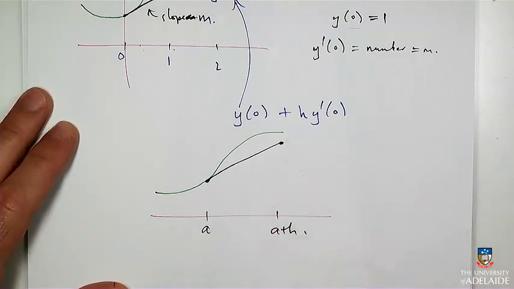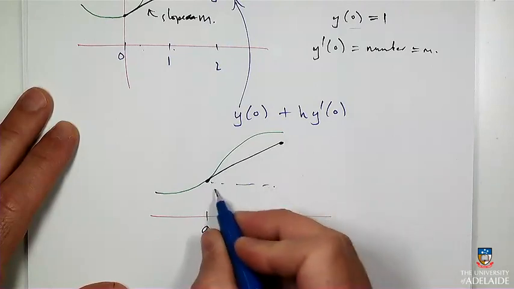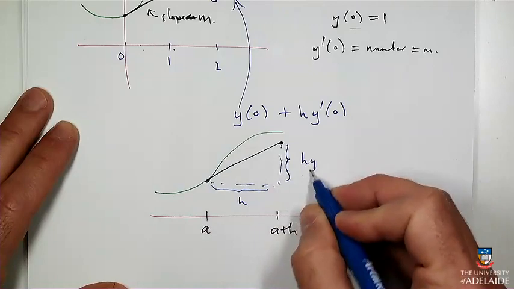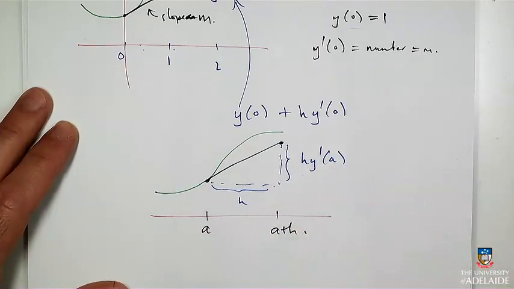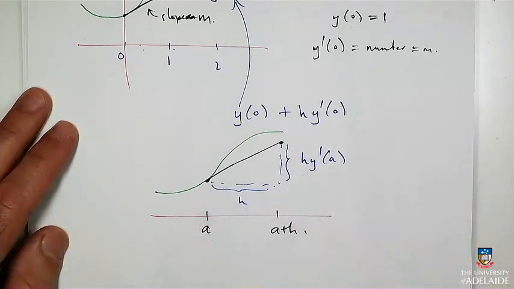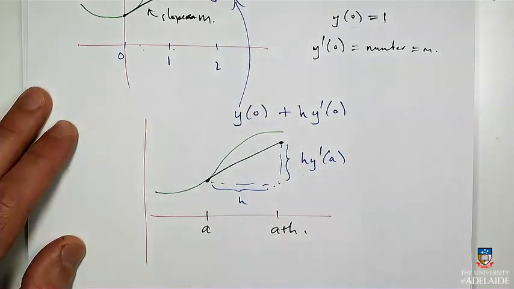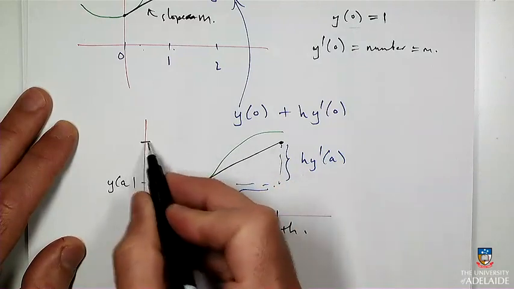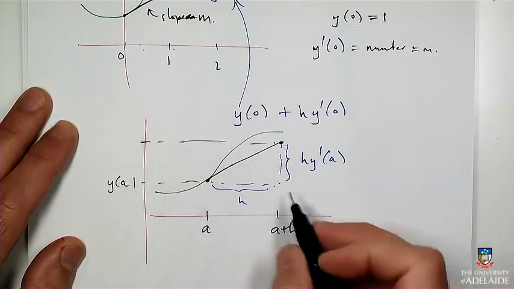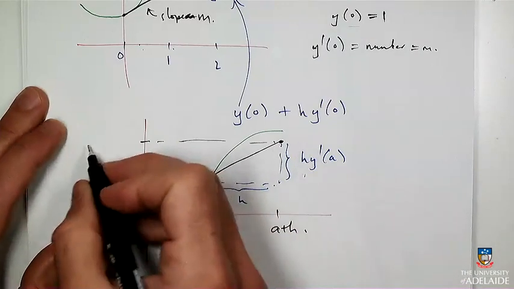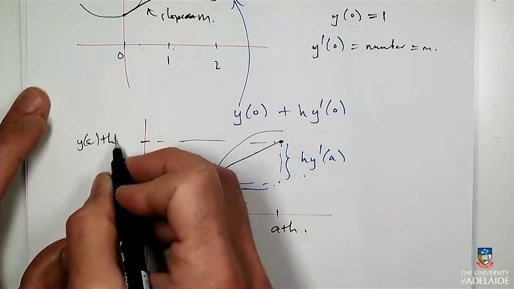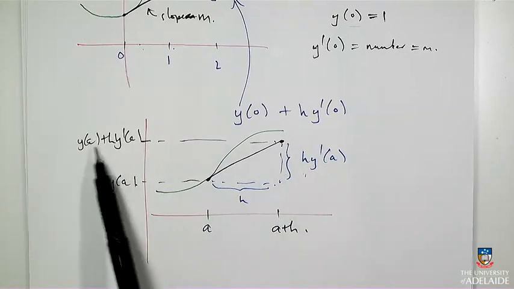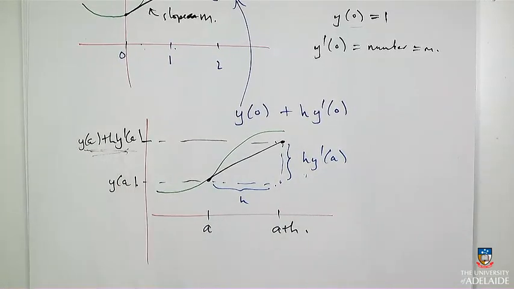Then this distance here is h, and this distance here is h times y dash of a. And the y value here is y of a, and the y value here is this plus this height, y of a plus h y dash of a. So that's the scheme. That's your next guess. There's a formula for making your next guess.